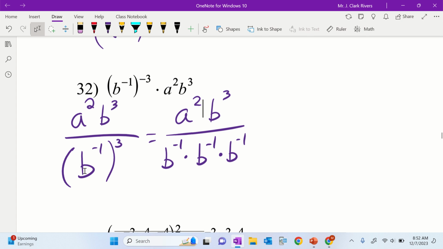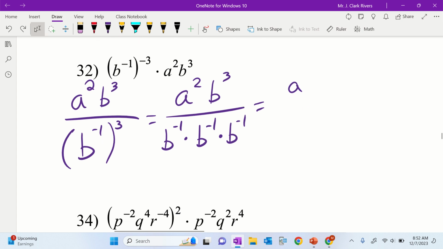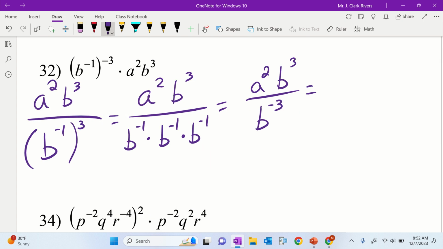That was b to the power of negative 1 to the power of 3, meaning b to the power of negative 1 3 times. A squared b cubed over negative 1 plus negative 1 plus negative 1. That's b to the power of negative 3. So we've got the same exponent here in b.